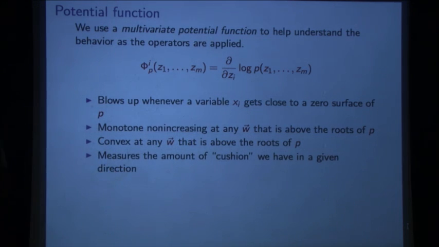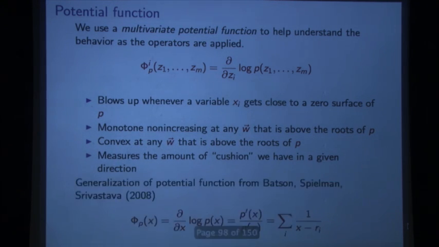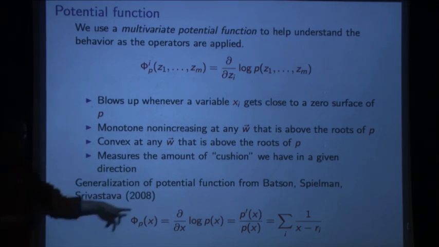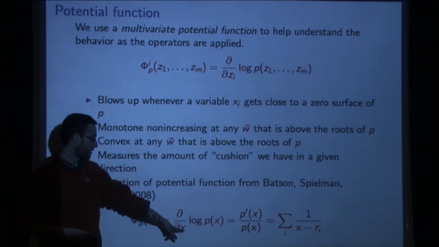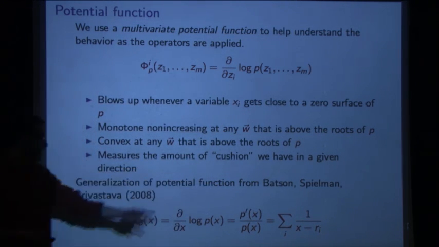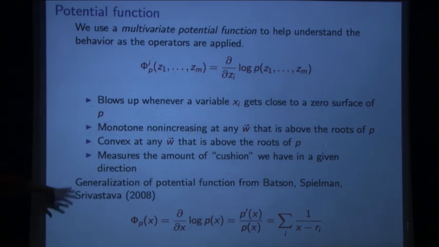So the lower the potential function is, the further away we are from all of the dangerous crossings that we might have. And it's a generalization of a univariate potential function from Batson, Spielman, and Srivastava, who, for a univariate polynomial, use just the univariate derivative of the log, which is 1 over x minus r_i, and that shows you all of these properties.